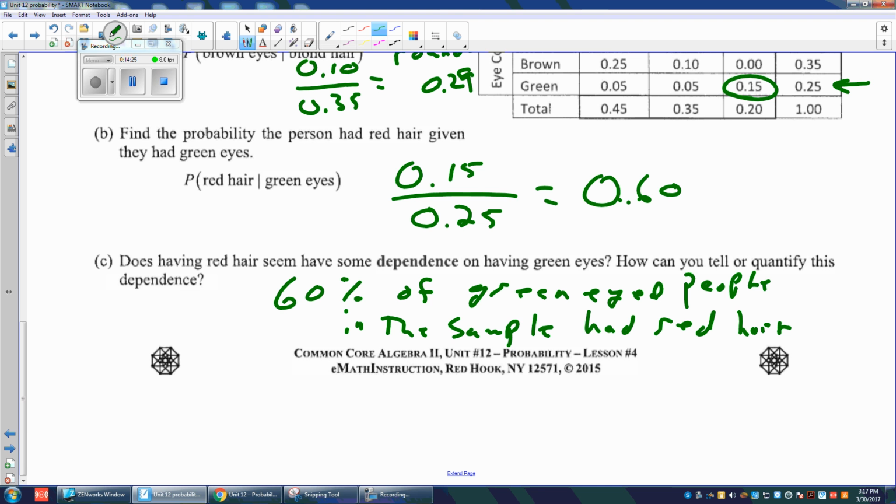Yes, red hair depended on if you're green-eyed. Wow, that's something.